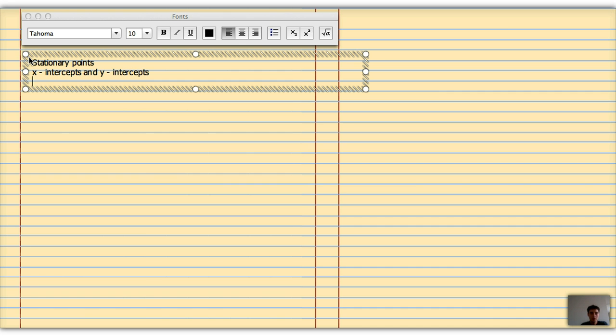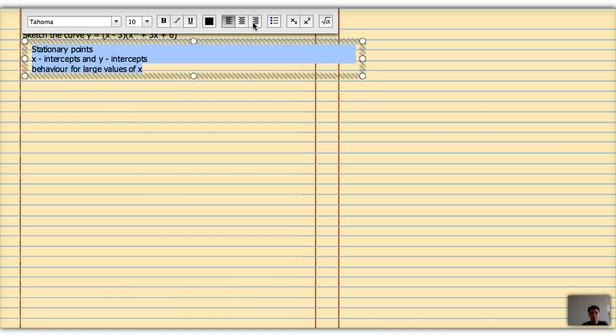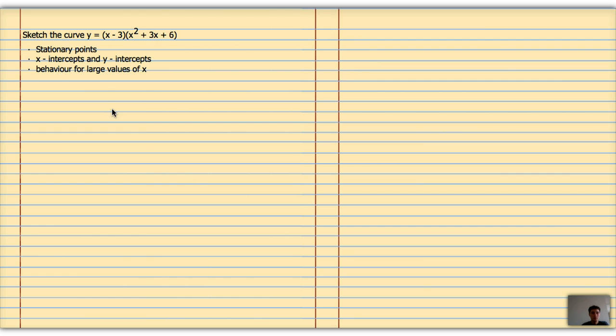And something else we could do is asymptotes, if there are asymptotes, and behaviour for large values of x. Great. So that's what we're going to look at.